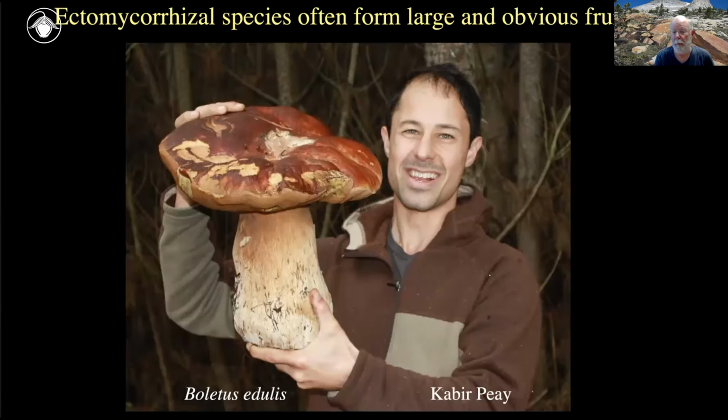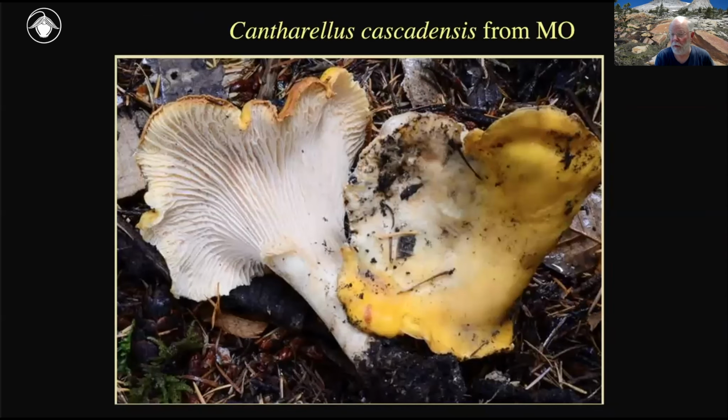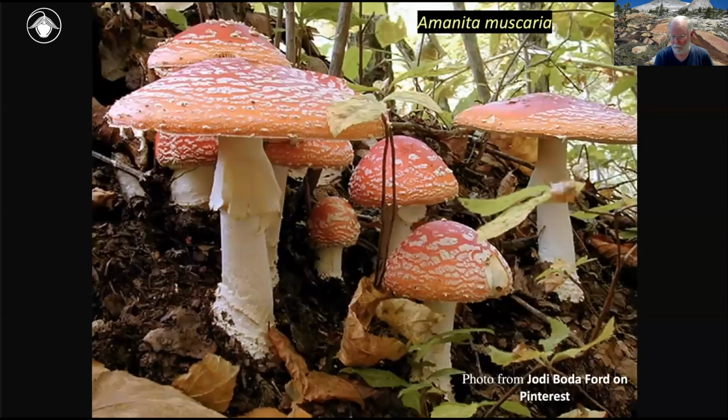They can form big, large, obvious fruit bodies, and a lot of our most choice edibles from forest settings are ectomycorrhizal. So Boletus edulis, for example, matsutake, chanterelles, all ectomycorrhizal. And then some of the poisonous ones like the amanitas are ectomycorrhizal.